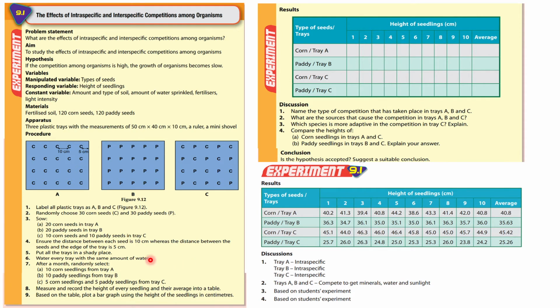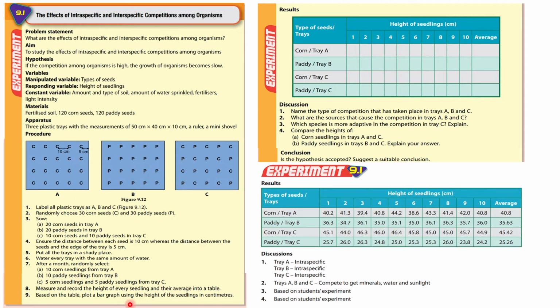Okay, they are constant. So after a month, we are to randomly select 10 corn seedlings from tray A, another 10 paddy seedlings from tray B, and 5 corn seedlings and 5 paddy seedlings from tray C. So in other words, we are to observe, measure and record the height of every seedling, and average them into a table, 10 of the seedlings from each of the trays.